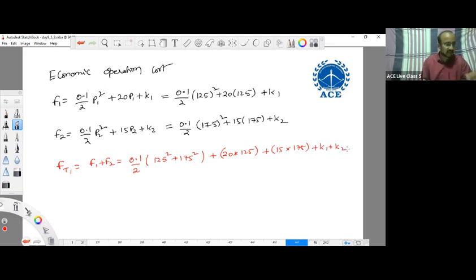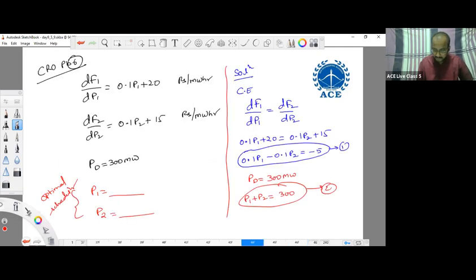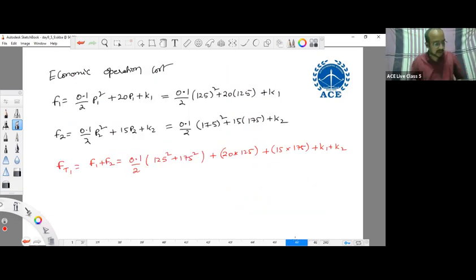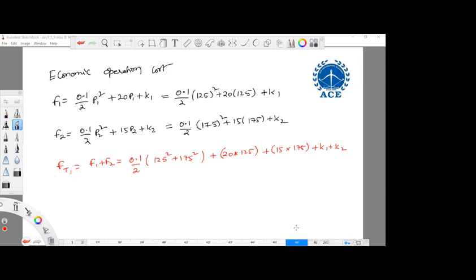So this is the fuel cost equation for economic operation. So when economic operation, you will get this fuel cost.